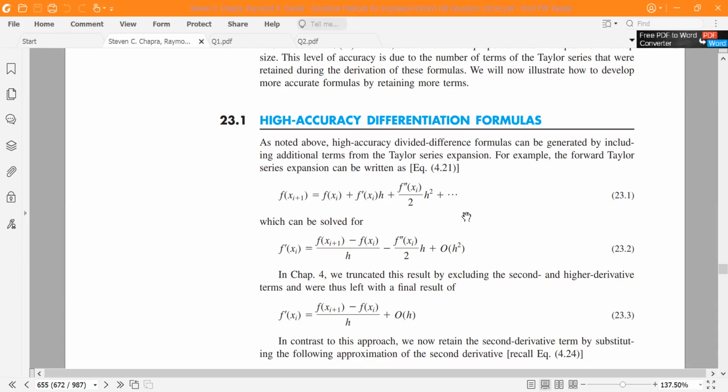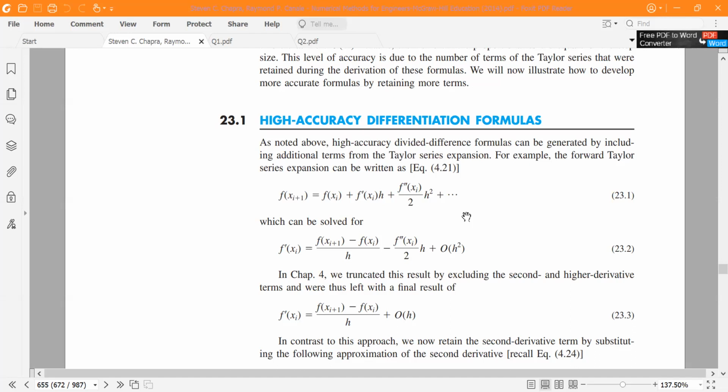So if we have forward differences, then you have to take 2 points, say one is xi and another is xi plus 1. Then you need the function values at xi plus 1 and xi.